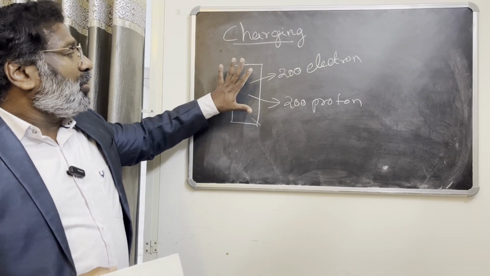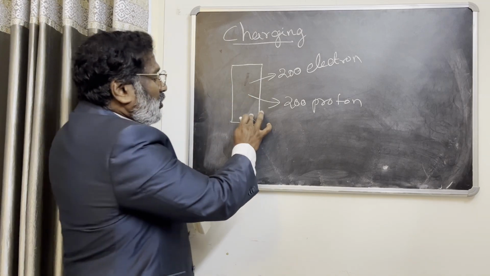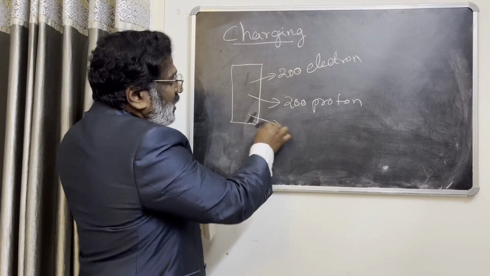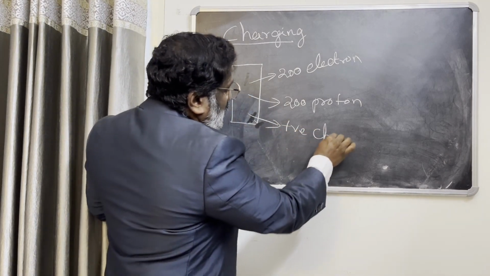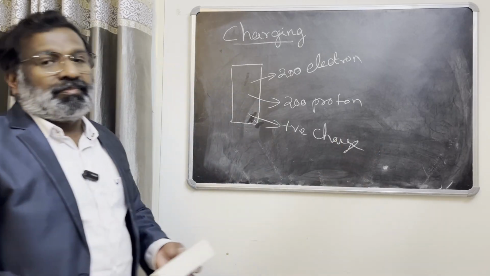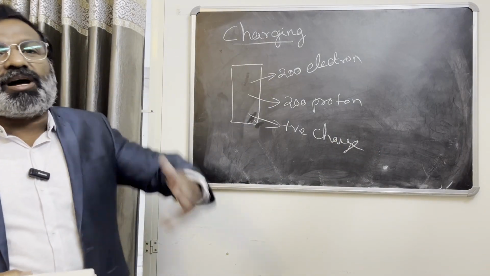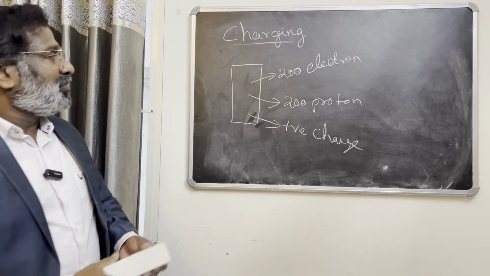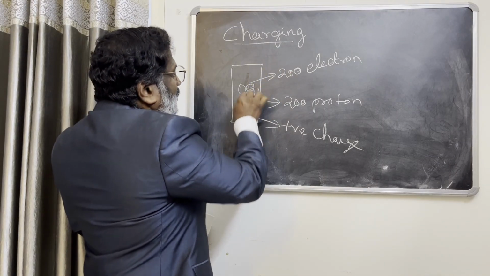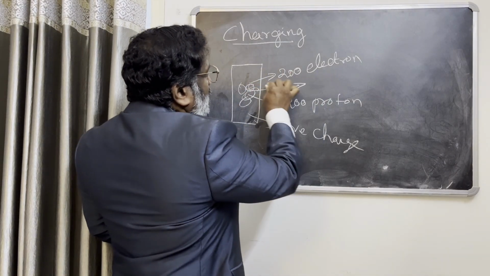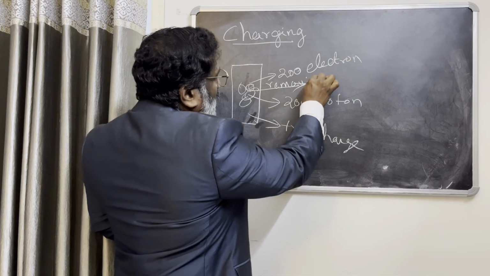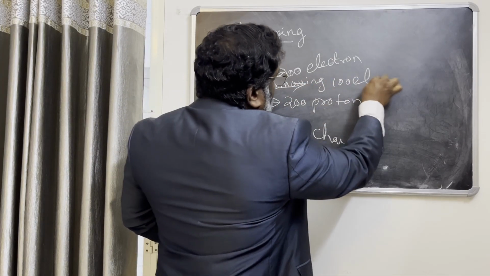Now, I want to charge this body to positive. I want to make this a positive charge. What should be done? If I remove 100 electrons, what will happen? From this body, I am removing 100 electrons.